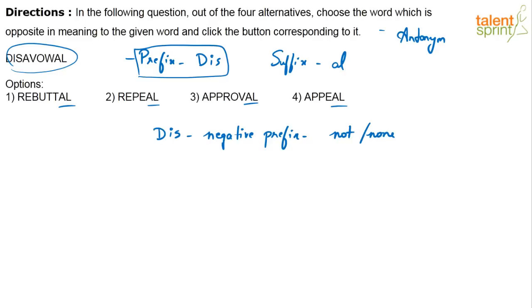So if this word is giving me a negative meaning because of the prefix dis, they are asking me for an antonym. From my options, I just need a word that is opposite in meaning to a negative meaning, right? Options: rebuttal, repeal, appeal, approval.